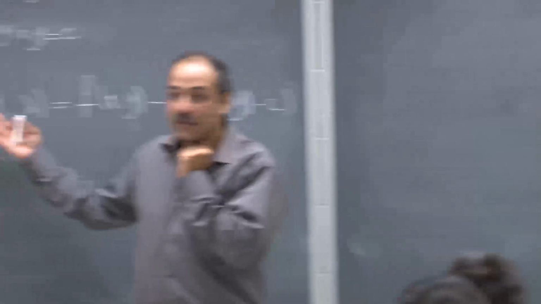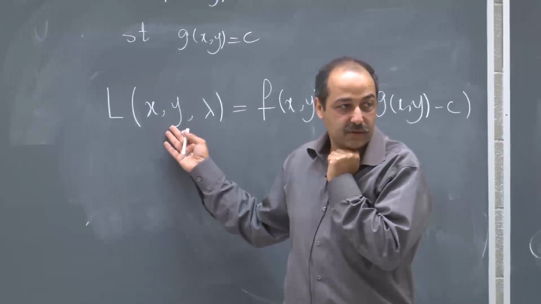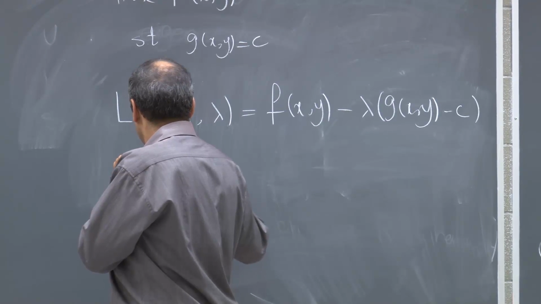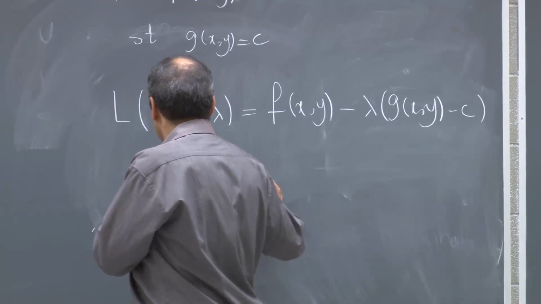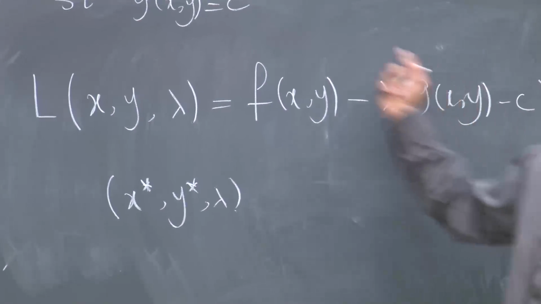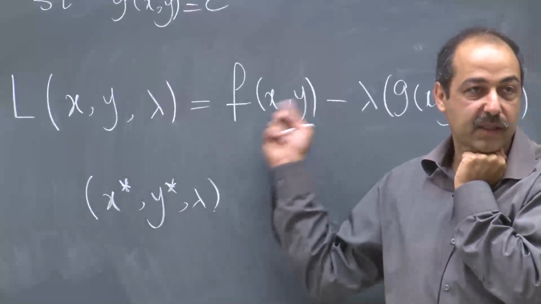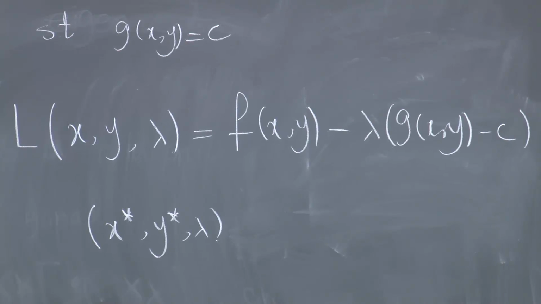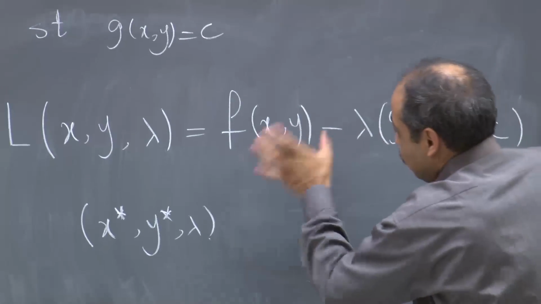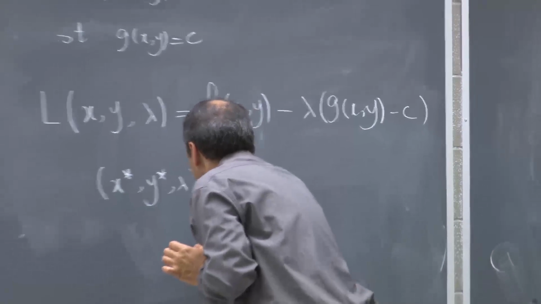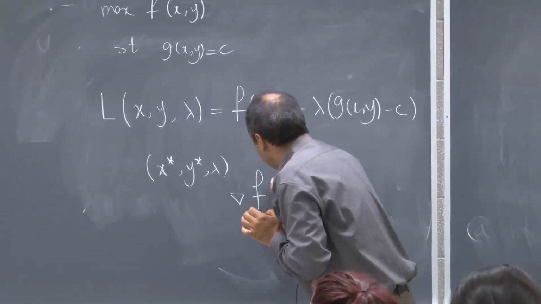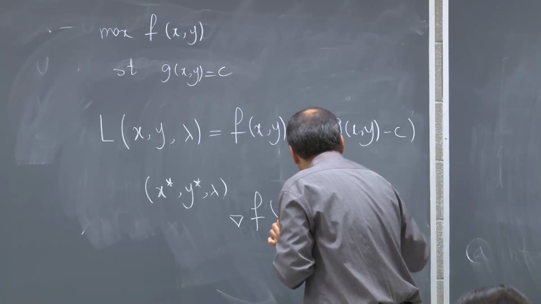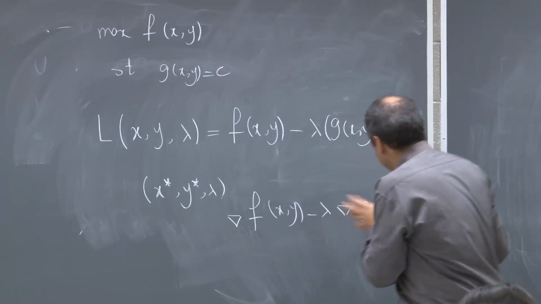Now I can take the derivative of this Lagrangian and set it to 0, and I'm going to find a saddle point. A saddle point is a point which makes this derivative equal to 0. It means the derivative of f(x,y) minus lambda times the derivative of g(x,y) is 0.